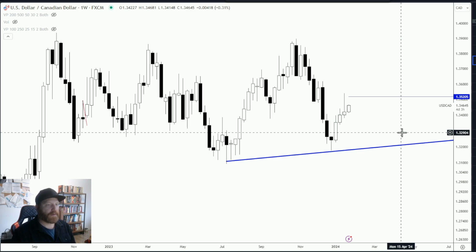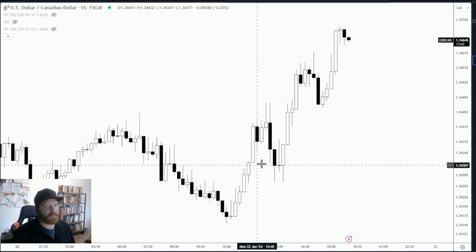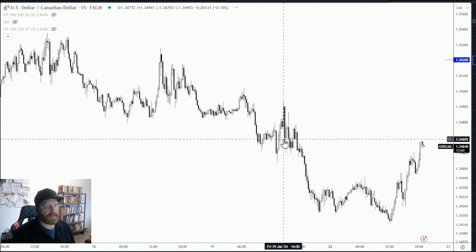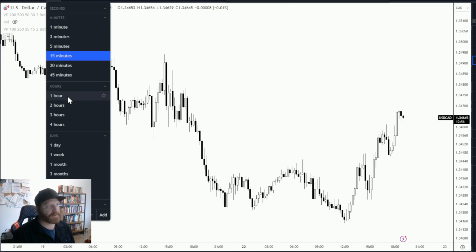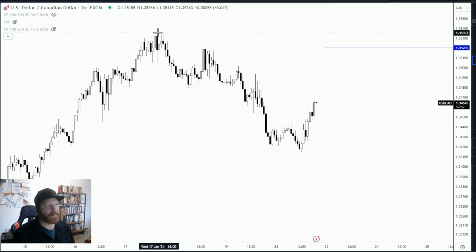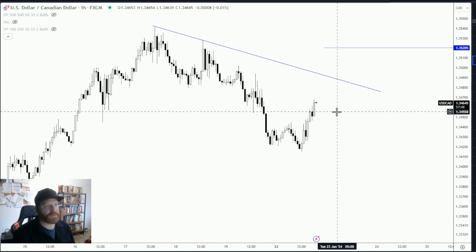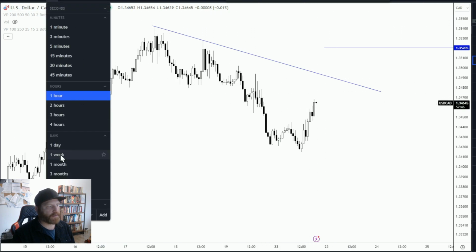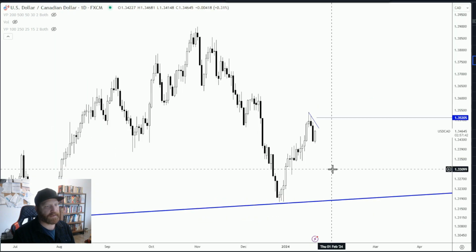So perhaps the idea of shorting this on the 15-minute is not good as a short-term trade right now, but it's possible that if we keep looking at it, we might have an opportunity to short it and hold a long-term trade on the weekly or on the daily.